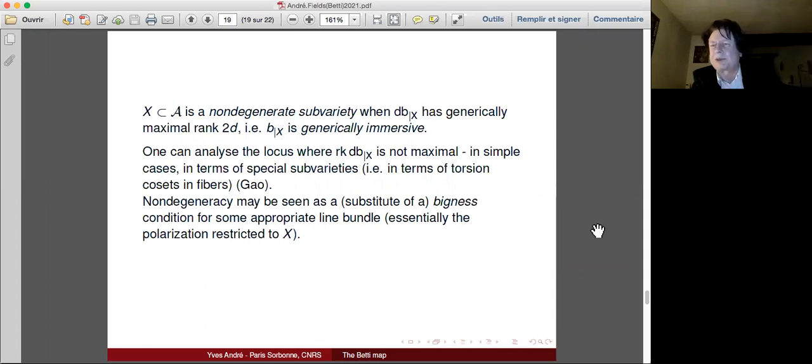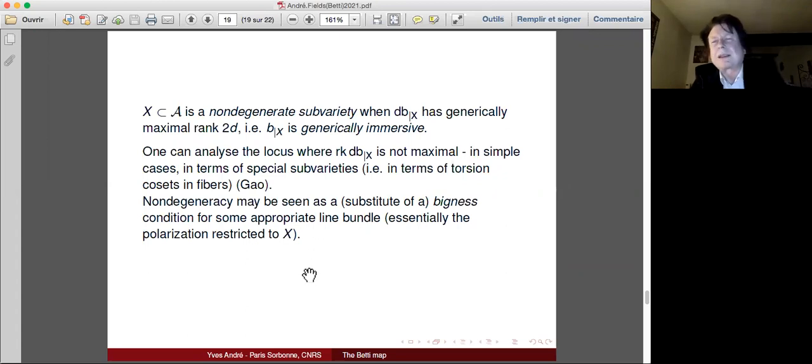So now, in the first part of my talk, I considered this problem. This is always the problem of maximal rank, but in the first part of my talk, maximal rank meant generically submersive. Here, this is generically immersive. Then one can analyze the locus where the rank is not maximal, and in some simple cases one finds that it is constituted by special subvarieties, torsion cosets in fibers, if you prefer.